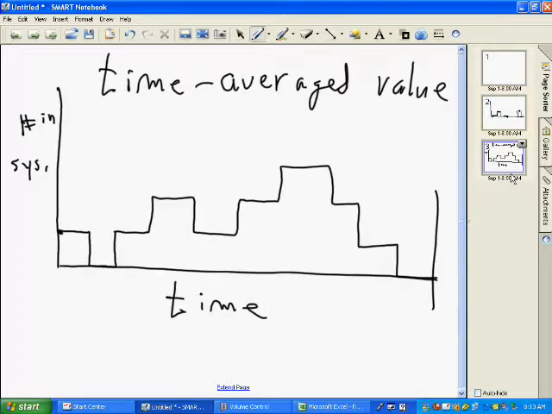We're going to have to take a time-averaged value. What you do for that is you take the area under the curve and divide by the total time. Okay, a time average value, to get an averaged estimate, is the area under the curve divided by the total time.